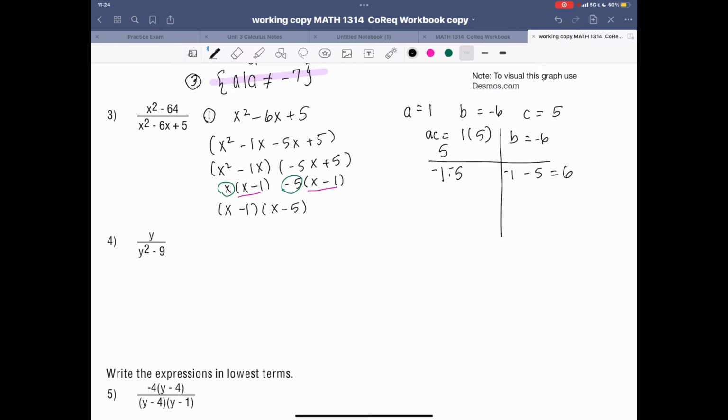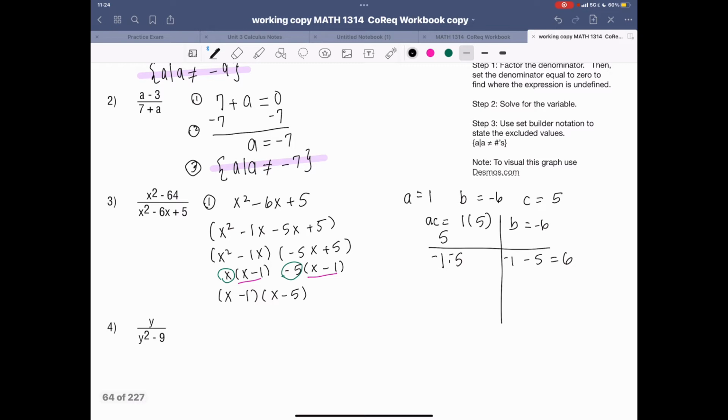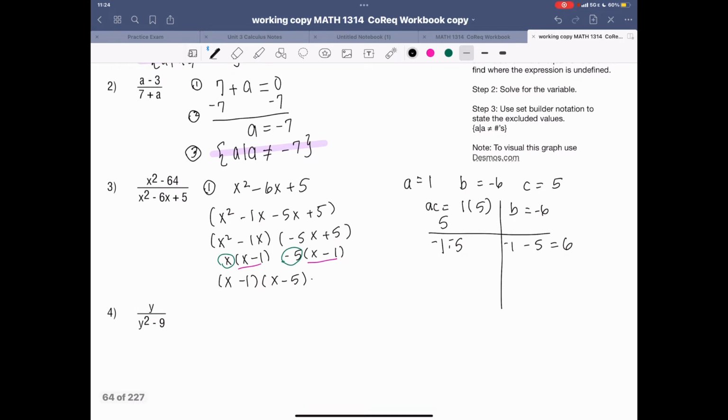Okay, step 2 says solve for the variable. So set the denominator equal to 0. Okay, so that's step 1. Step 2, this is called the zero product property. So what we can do now is say x minus 1 equals 0, and say x minus 5 equals 0. And again, step 2 says solve for the variable.